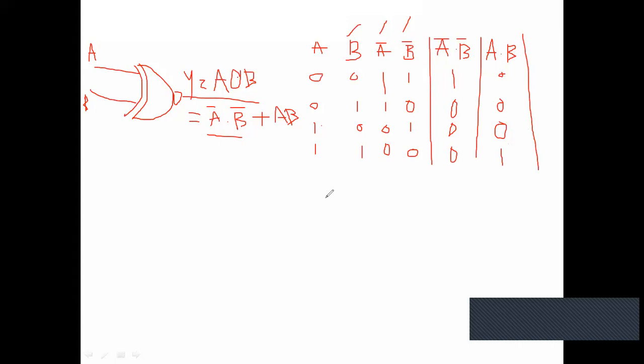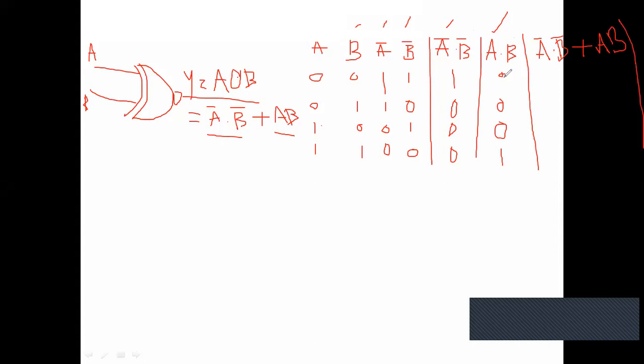Okay, now A bar dot B bar is completed, A dot B is completed. Now we are doing the plus operation. Plus means OR operation. So this is A bar dot B bar, this is A dot B. Now we are doing the plus operation between these two. Do you understand that?